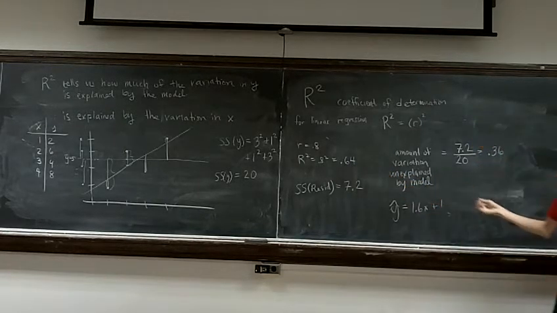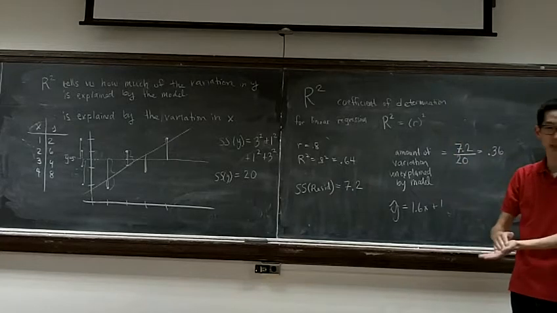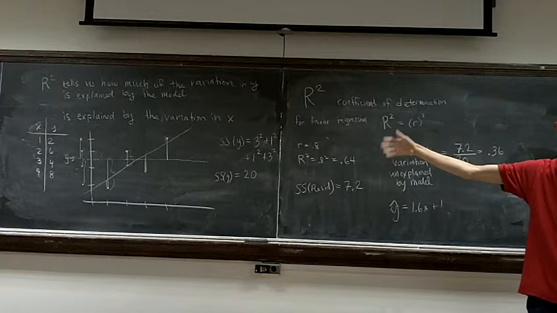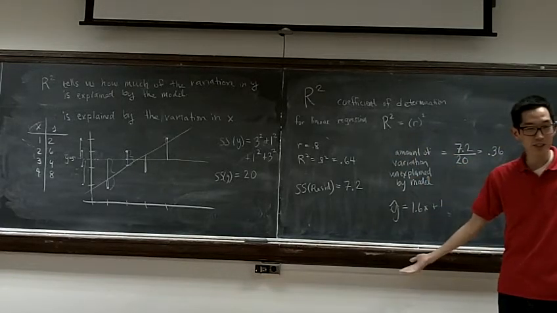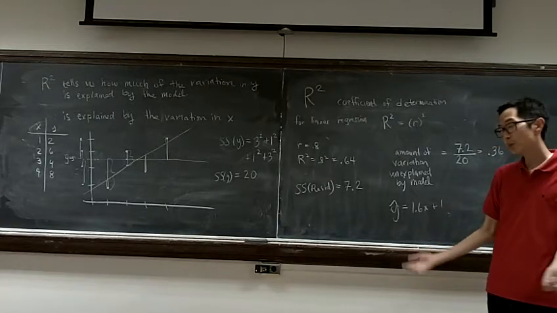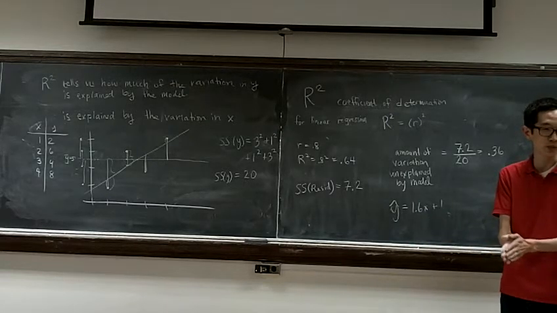So our model tries to explain why the different y's have different values. Why does that place have 6 closets and that place has 8 closets and that place has 2? Well, we can just say, all houses are different, they're going to have different amounts of closets. Or we can say, part of the reason why the houses have different amounts of closets is based on how many bedrooms there are.